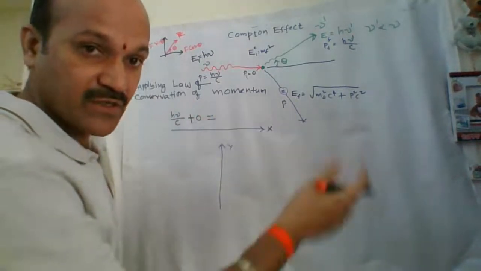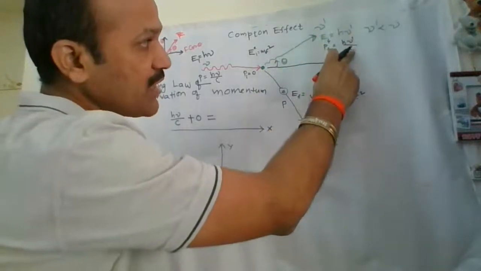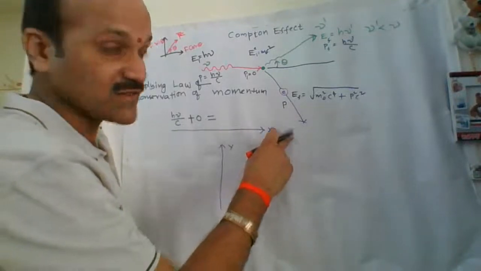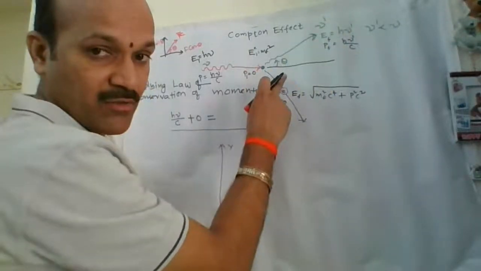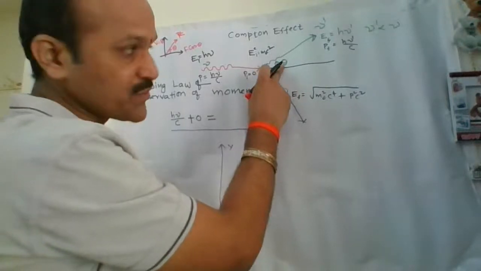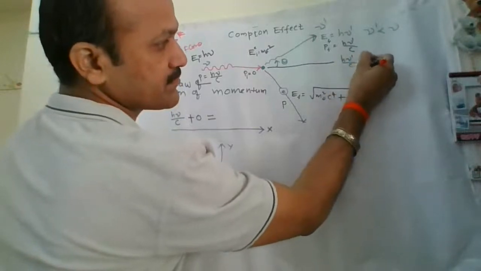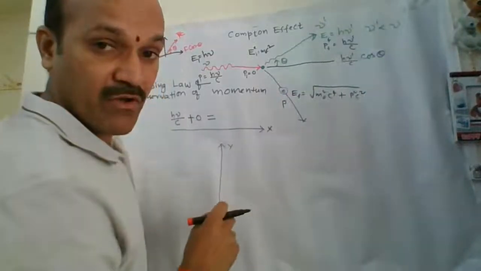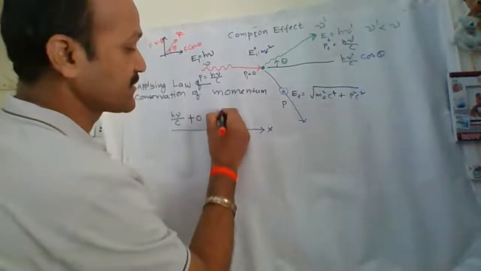Equal to after collision. After collision, the momentum of the photon is h nu dash by c, but we are taking components along the x-axis. This momentum vector of the photon makes angle theta with the x-axis, so the x component becomes h nu dash by c cos theta.